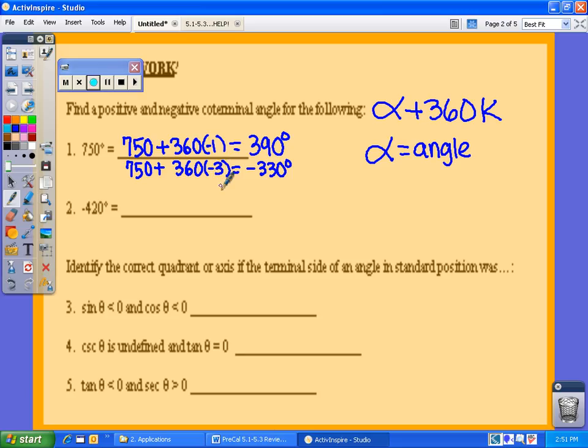Alright, the next one is negative 420. Since it's negative, I kind of like to work with positives. That's when I do the whole add 360 thing. But, you know, if you don't want to do that, it's fine. You could work with negative 420. Just make sure that you pick numbers that are big enough to have one be positive and one be negative. So I'm going to plug in 1 here.